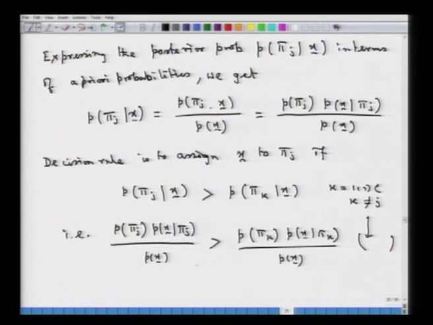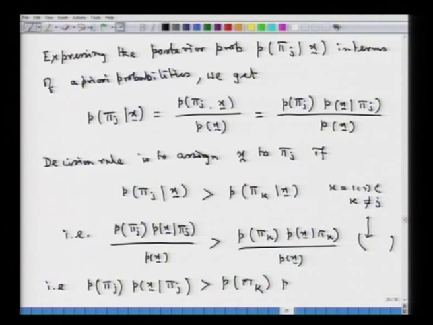This is a non-zero term, and that is the assignment rule. The Bayes classifier is going to be based on P(π_k) multiplied by the density of x under the kth population, with the restriction on k as what we had here.